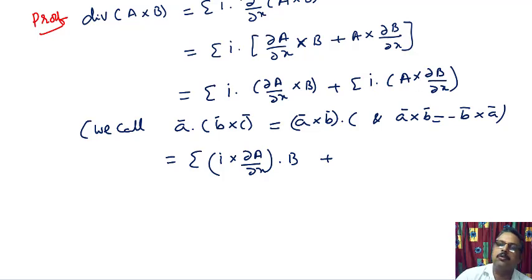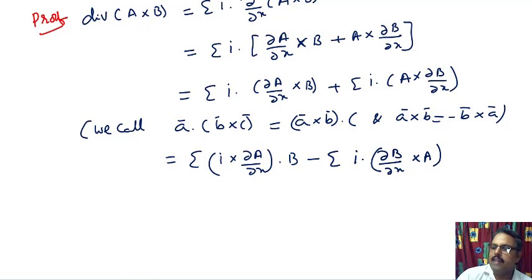If you interchange these two, what happens? You will get a negative sign: sigma I dot dou B by dou x cross A. So you will get a negative sign.